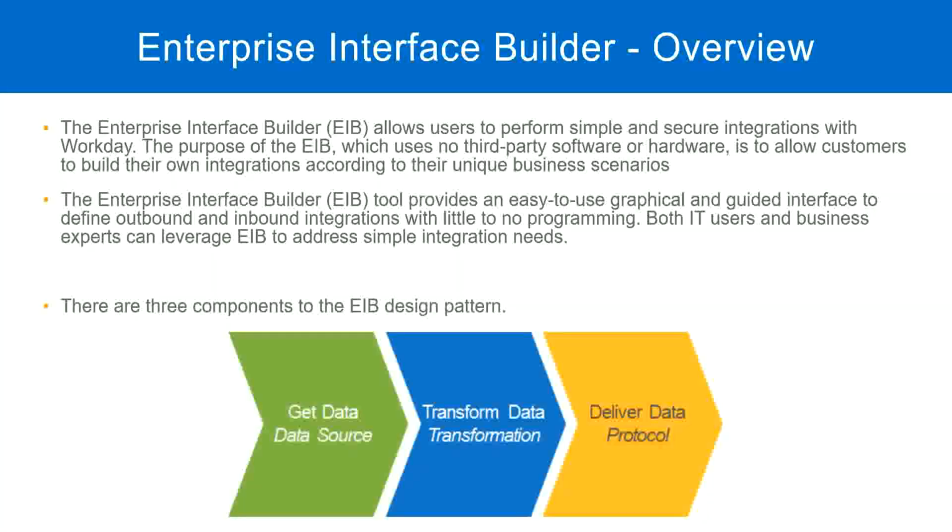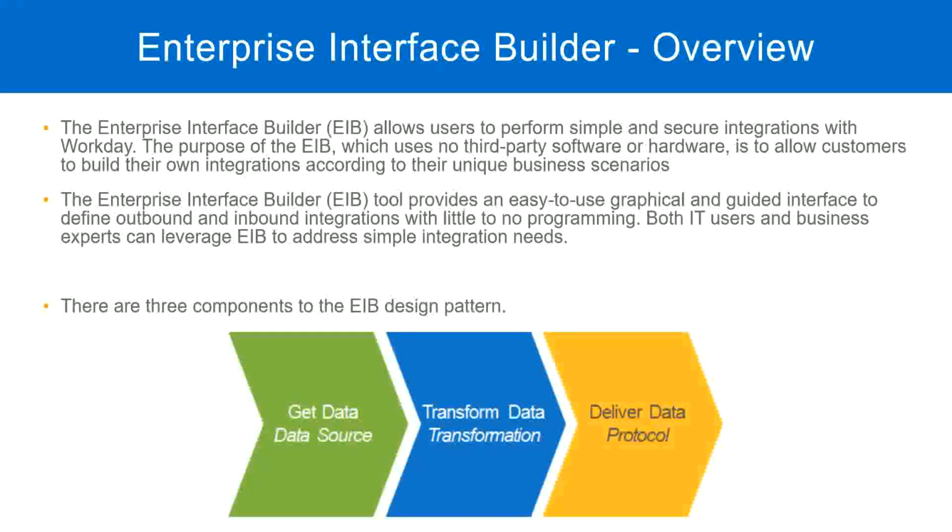Okay. When we create an integration using EIB, we will see these 3 steps there as well. Get data, transform data, deliver data. These are the 3 components in an EIB design pattern. So what we are going to do is configure these 3 steps. Get data: where are we going to get the data from?